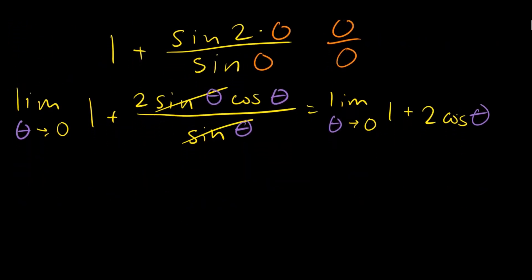We can just plug in the 0 into the cosine. So that leaves us with 1 plus 2 cosine of 0. Cosine of 0 is 1. 2 times 1 is 2, and 1 plus 2 is 3.